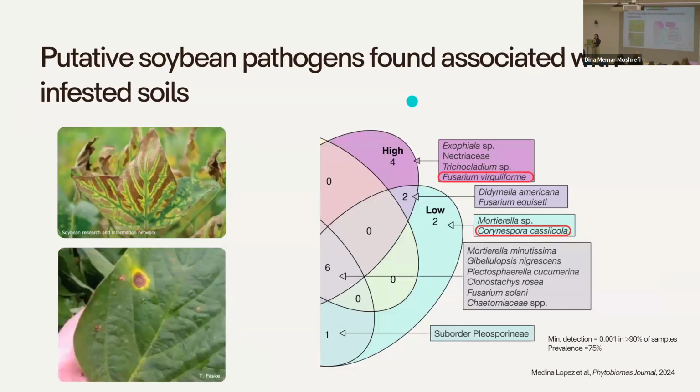But what was interesting is that some putative soybean pathogens were found associated with soils infested with soybean cyst nematode. One particularly interesting one was Fusarium virguliforme. Unfortunately, we cannot tell if it's exactly Fusarium virguliforme specifically, but we did find it associated with high levels of soybean cyst nematode.